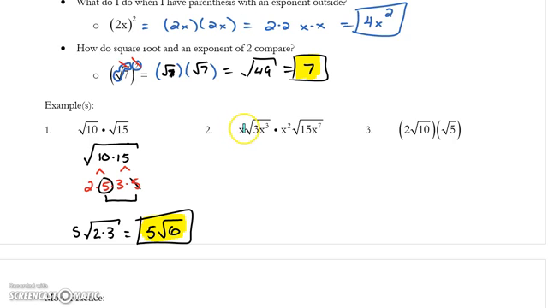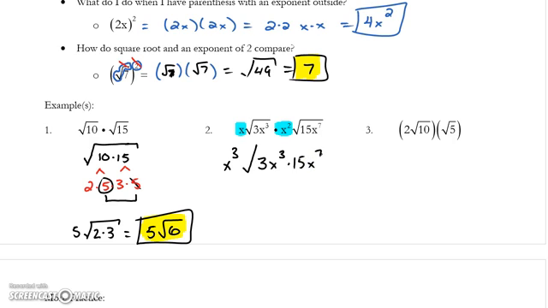Number 2, same idea, but now it's mostly variables. This x and this x squared are outside, so I can multiply those, and x times x squared is x to the 3rd. Then, just like with number 1, instead of actually multiplying all this out, just write it down. 3x to the 3rd times 15x to the 7th.